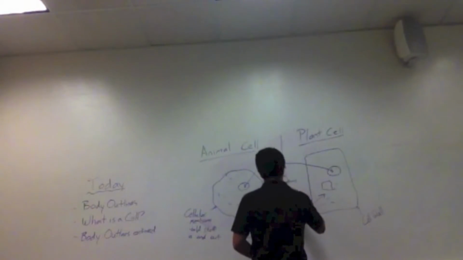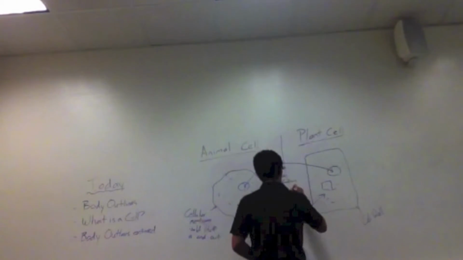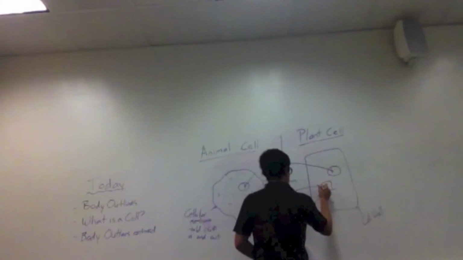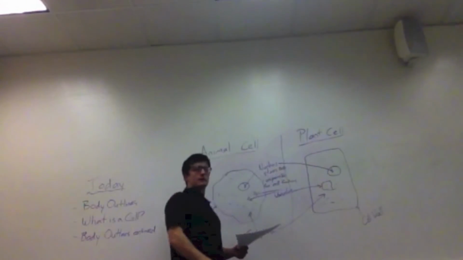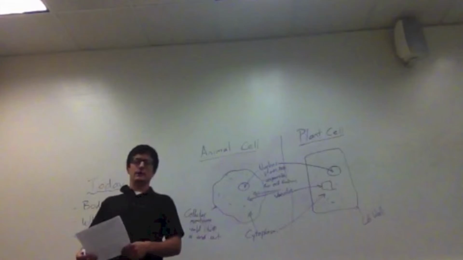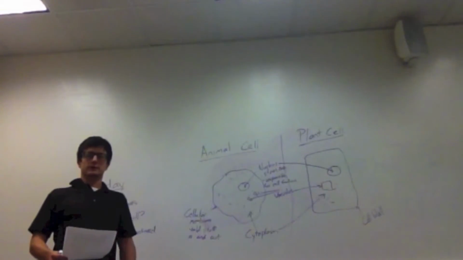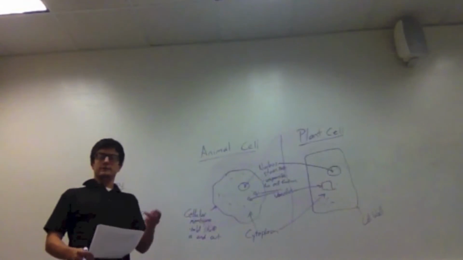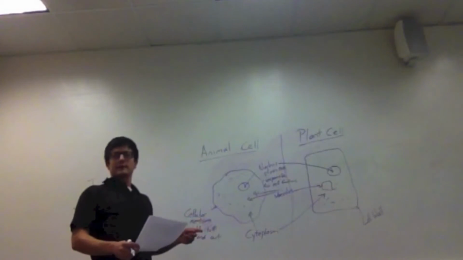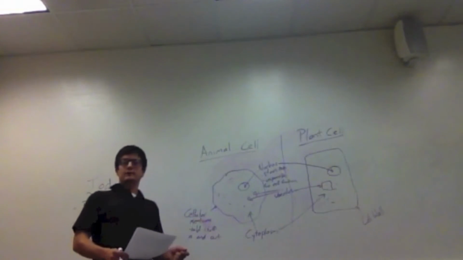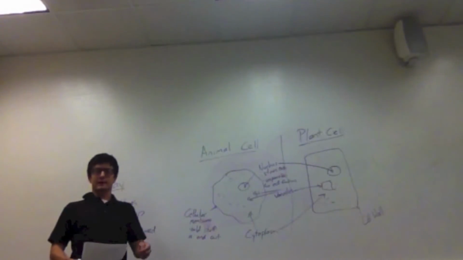They're made up for storage. Can anyone tell me what might be getting stored in these vacuoles? Energy, sorta. Food, maybe? Food in the form of energy, okay?